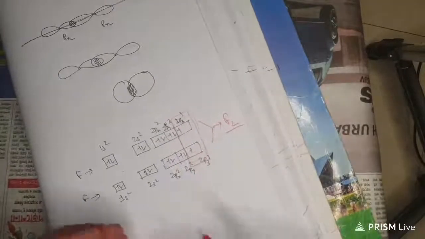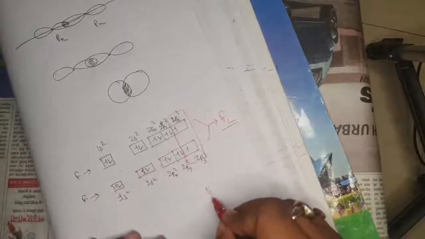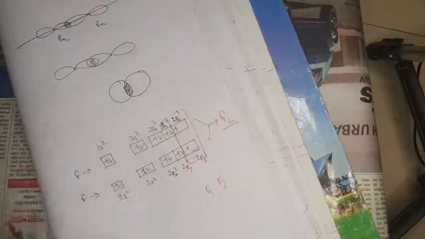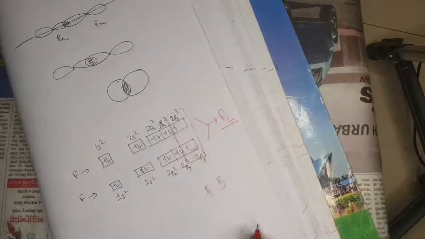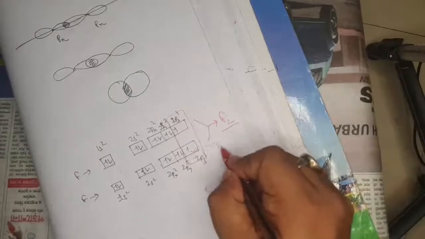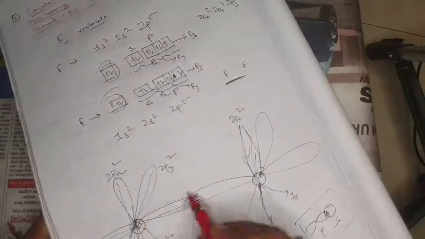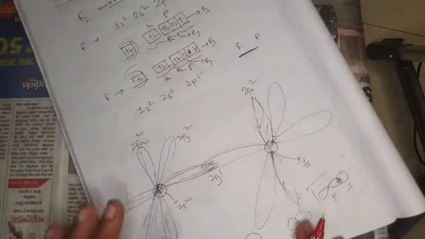Maybe, sir, is it so that only Pz and Pz will overlap? Can it not be Px and Px orbital? Yes, it can be. Can it not be Py and Py orbital? Yes, it can be. It just depends on which orbital it is. This diagram is correct. This type of overlapping will be there.